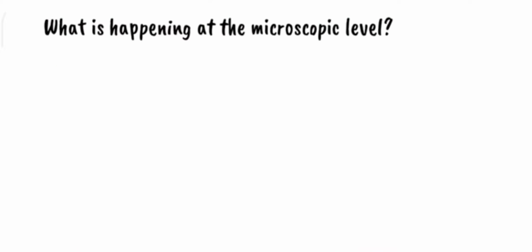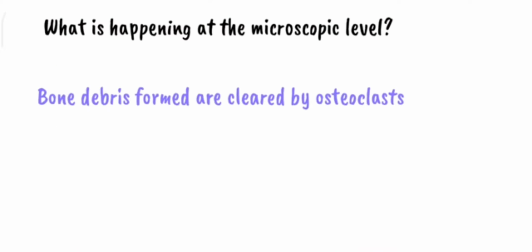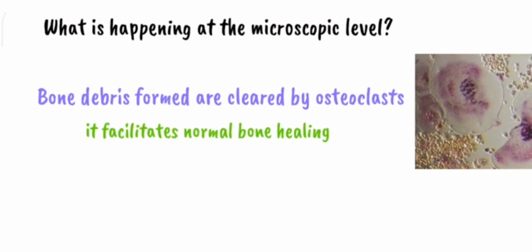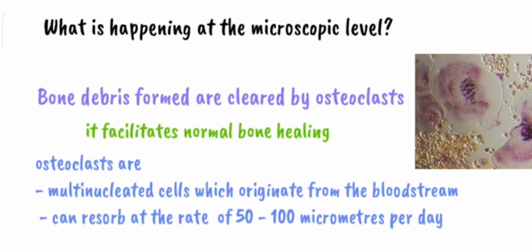Now let us move to what is happening at the site. Bone tissue damage and debris created by the osteotomy site preparation must be cleared up by osteoclasts for normal bone healing. These multinuclear cells originate from the blood and can resorb bone at a pace of 50 to 100 micrometers per day.